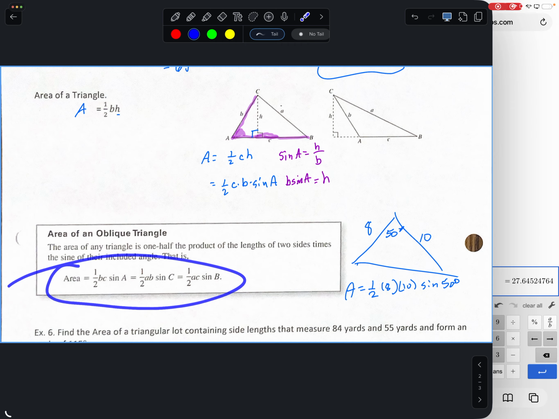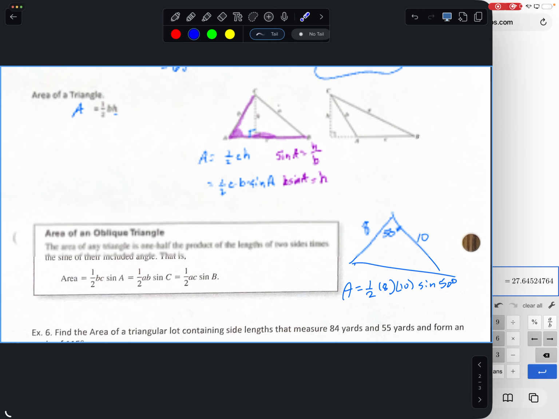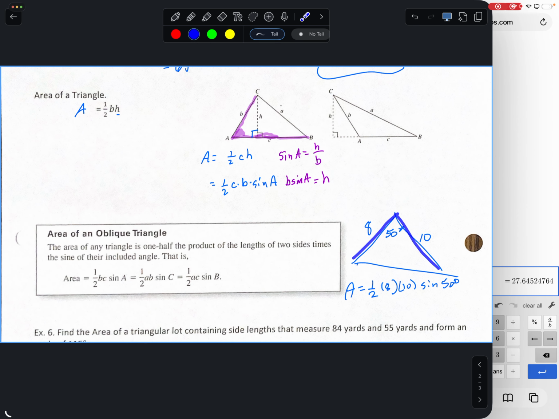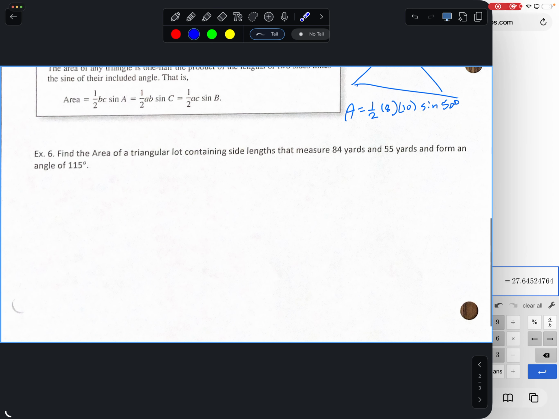Here they're showing it for the standard triangle, the three different formulas. I don't think of it as three different formulas. You just need the two sides that make up that angle, and that's going to be your area. So this is the formula we want you to use.